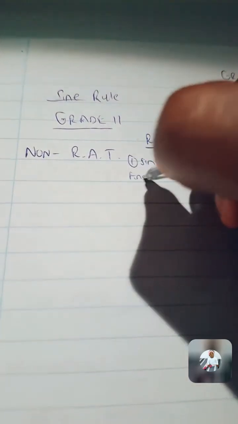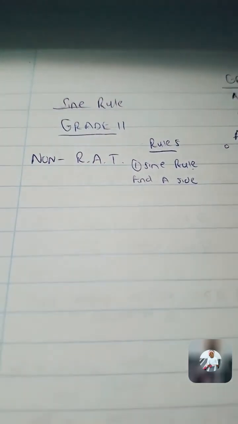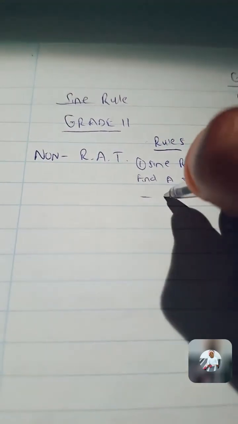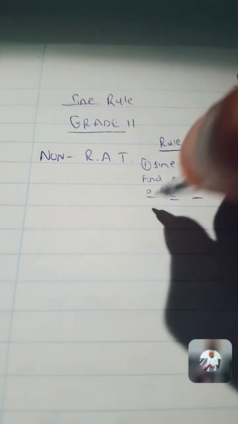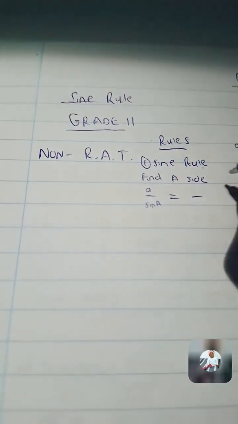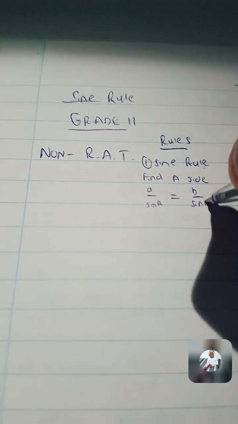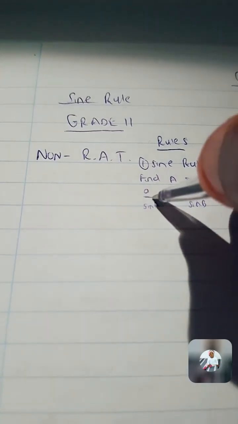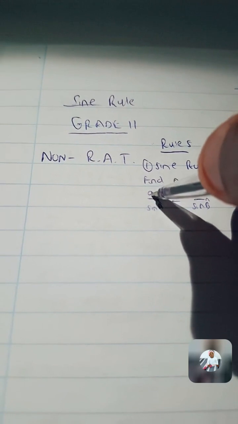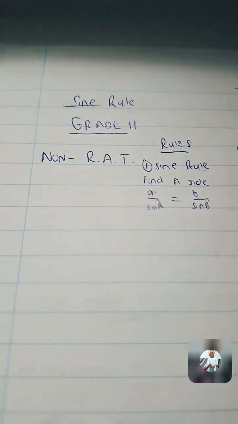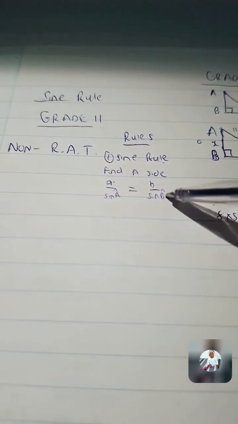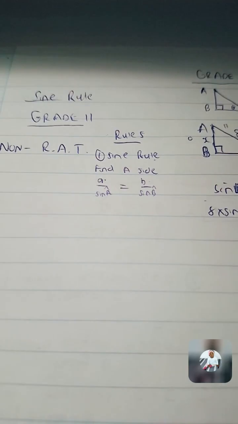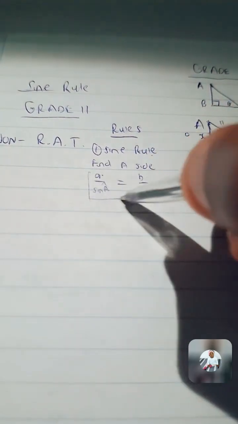If you want to find a side using the sine rule, you just make sure that in your numerator, the sides are there. So you would have A over sine of angle A, B over sine of angle B. Take note that this A represents the side opposite the angle A. This B represents the side that is opposite the angle B. This is what we call the sine rule.